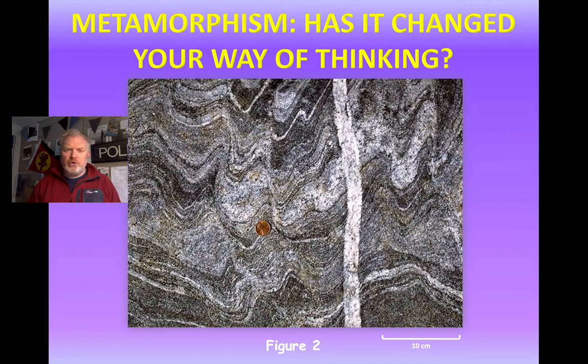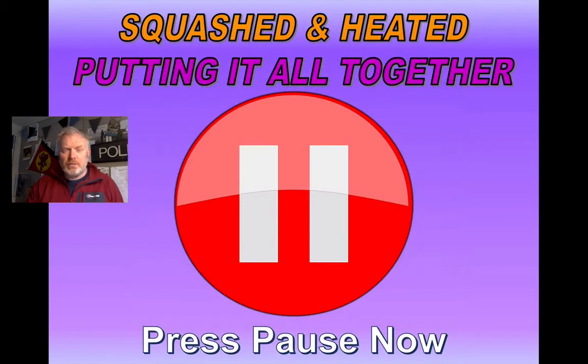Have a go at those questions about that particular photograph as well. Remember that both of these questions are all about tying together what we've already learned through the rest of this theme. So, press pause now and have a go at those questions. See what you come up with.